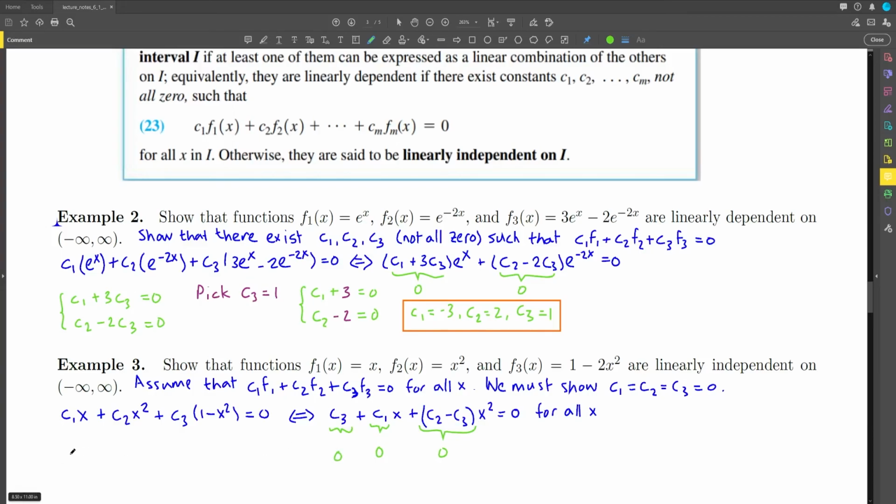So what we then get is C3 equals 0, C1 equals 0, and then C2 minus C3 equals 0. Now, because C3 is 0, we can plug that into the last equation and we get C2 minus 0 equals 0, and that means C2 equals 0 as well. And so we have shown that C1 equals C2 equals C3, and that equals 0.